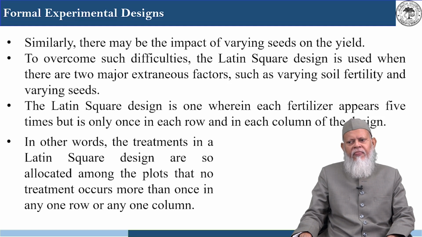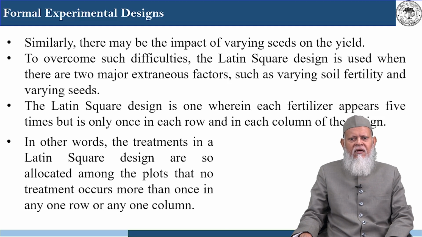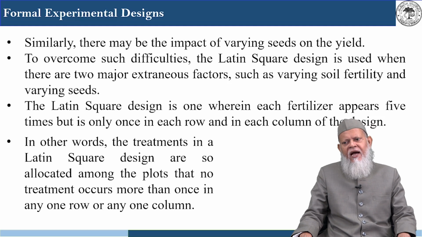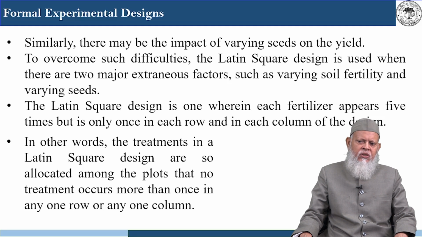These two major extraneous factors will be taken care of by the Latin square design. In this design, each fertilizer appears 5 times, but only once in each row and each column of the matrix of the design.